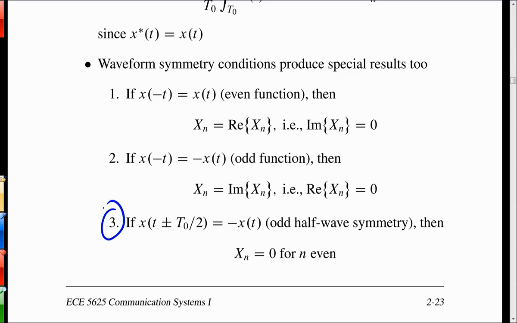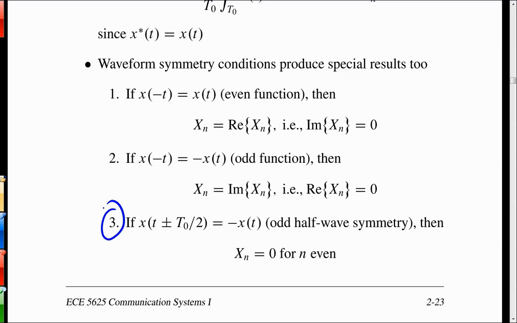If you have an even or odd signal, you can say that the coefficients are purely real or purely imaginary. That's okay on paper, but when you're in the lab looking at a signal on the spectrum analyzer coming out of the function generator, you can't really make the waveform stand still so it's centered on 0 and either even or odd. It is what it is, and the instrument is not aware of the actual time origin.